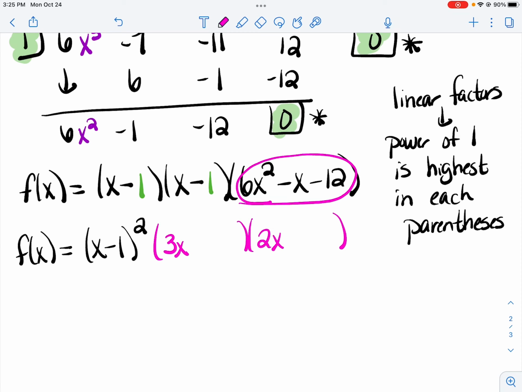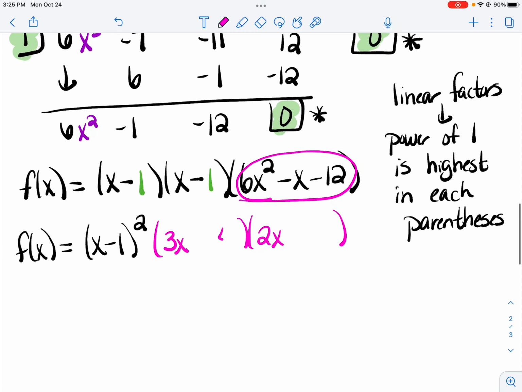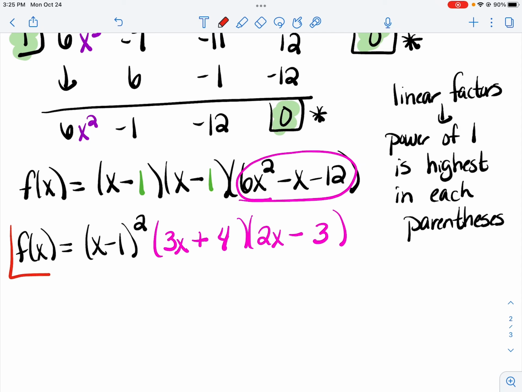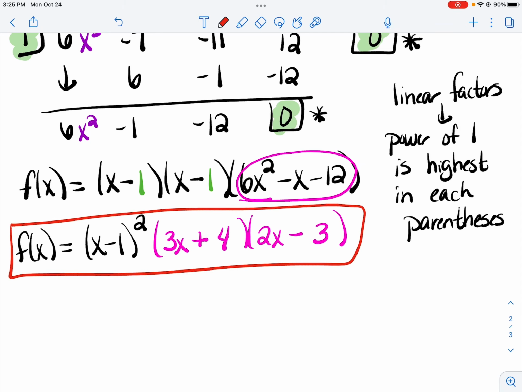My signs are going to be a plus and a minus, and I'll figure out which one goes where in a minute. If I put the 4 here and the 3 here and a negative and a positive, that's going to give me that negative x in the middle. And so now I have my polynomial factored as linear factors.